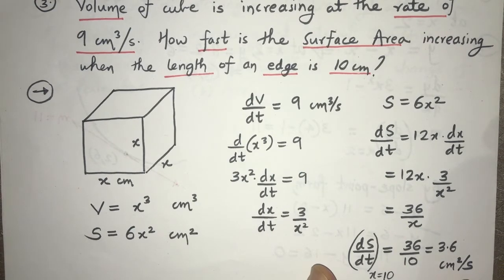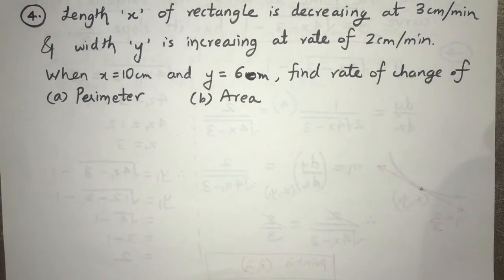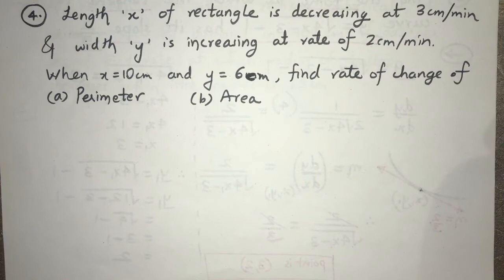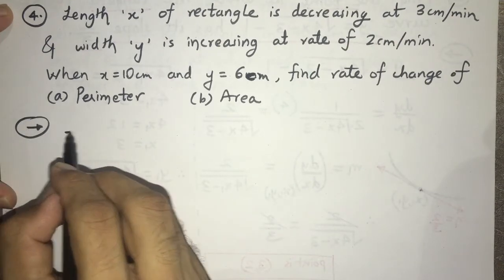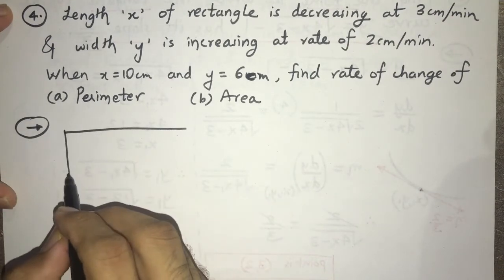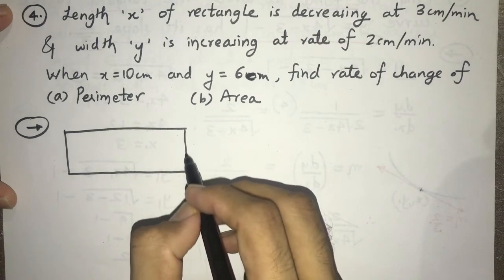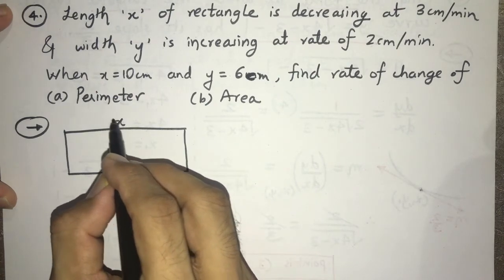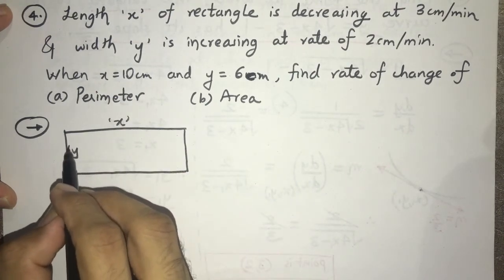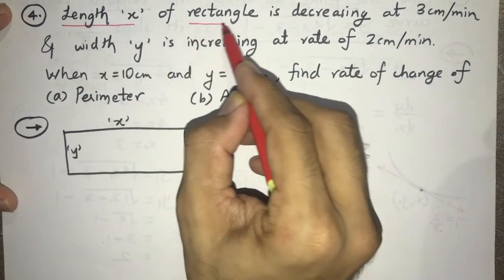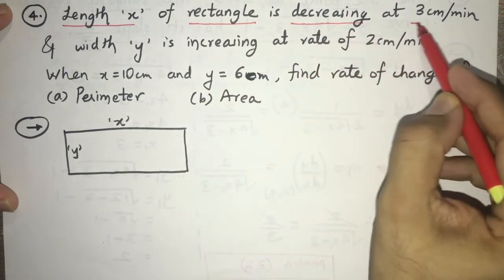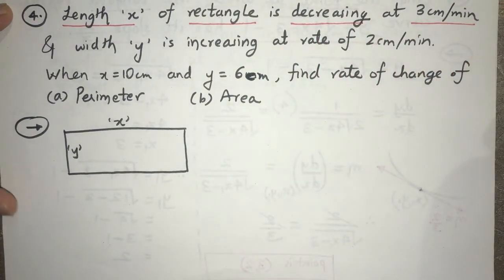So let us go to the next question then. The length x of the rectangle is decreasing at the rate of 3 centimeter per minute. So we have a rectangle in which the length is x and the breadth is y. So dx by dt, what will you get? dx by dt will be -3 centimeter per minute.